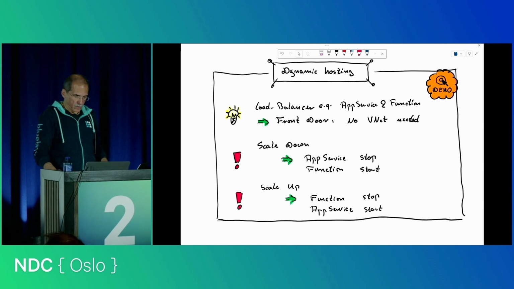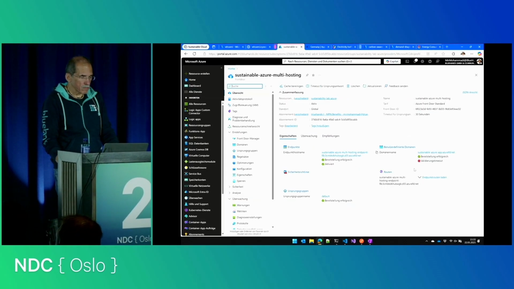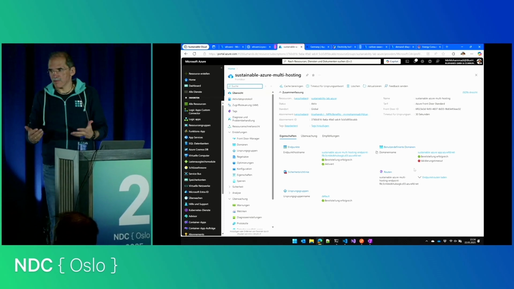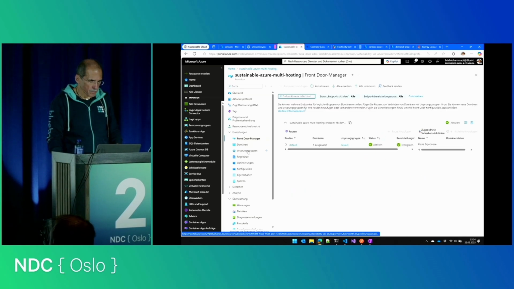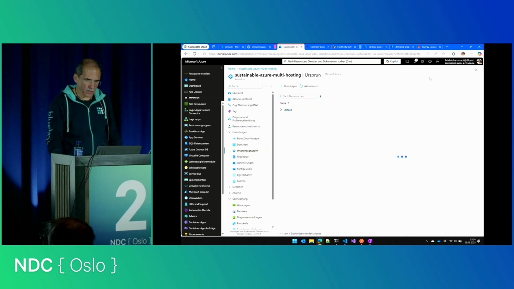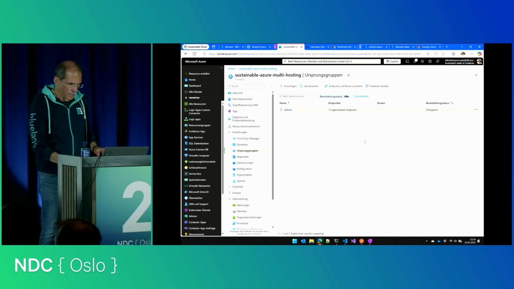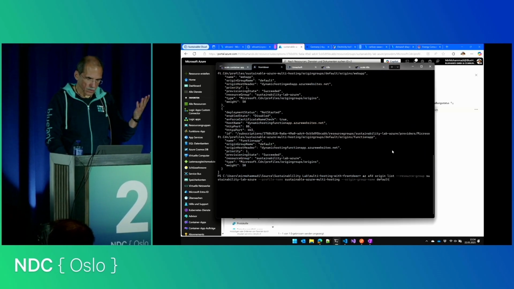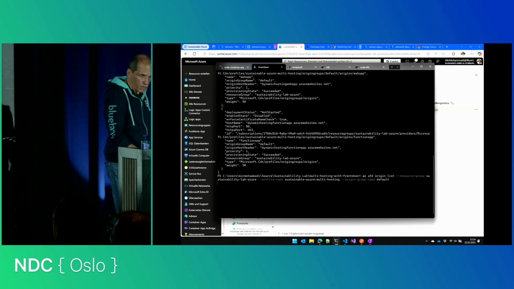Okay, so this is my Front Door, it's nothing magic. You have some sources where you have some endpoints and services and so on. You configure it, and there is the Azure CLI. I can check it now.